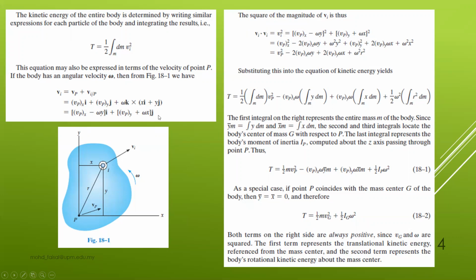Over here, this is your vi, and vi has a component in the i and also in the j direction, because we are looking at a two-dimensional problem here. So that's why you have two components. You square, then square the second part, then you further expand it, and you get something like this.